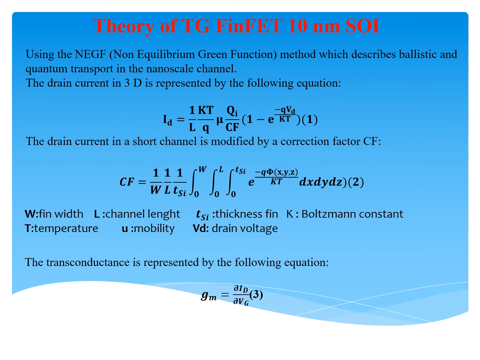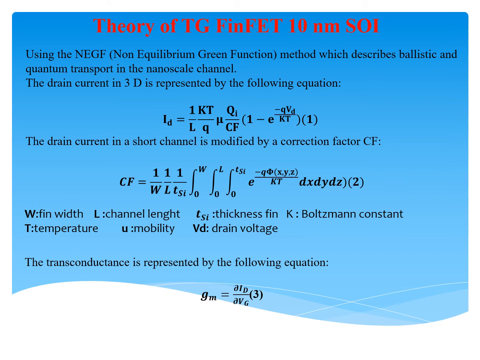Theory of Tri-Gate FinFET 10 nanometer SOI using the NEGF non-equilibrium Green's function method, which describes the ballistic and quantum transport in the nanoscale channel. The drain current in 3D is represented by the following equation.